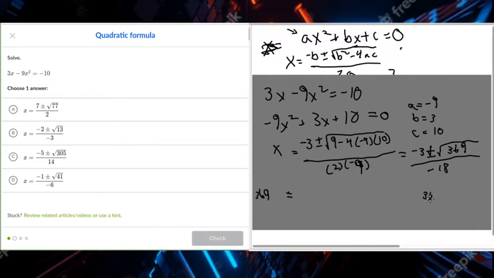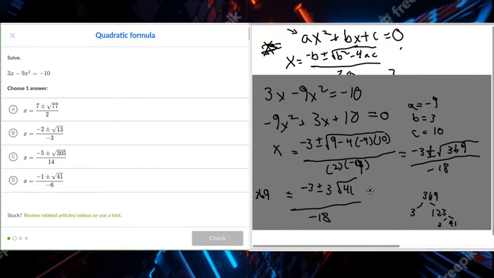So 369 is 3 times 123, and 123 is 3 times 41. So this is -3 plus or minus 3 times square root of 41 all over -18.